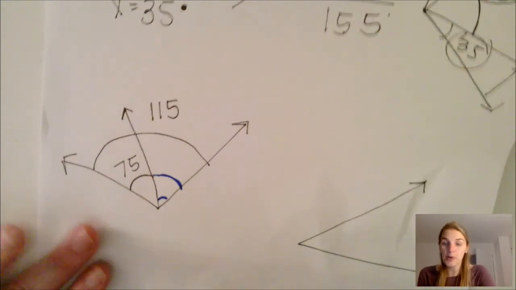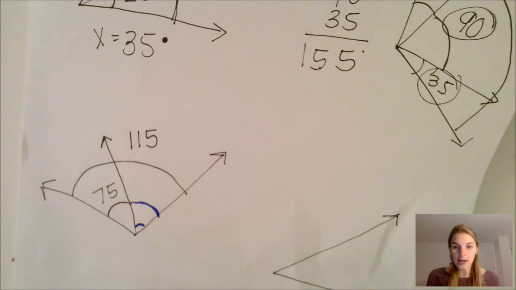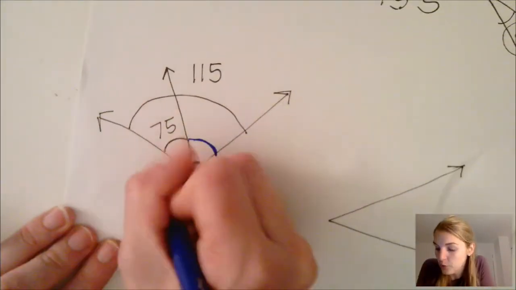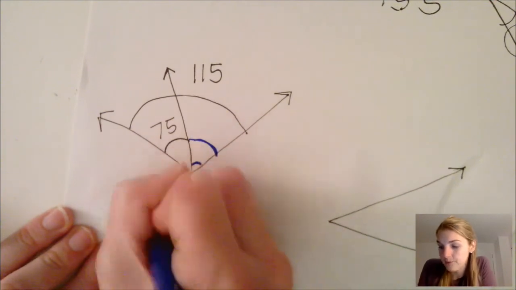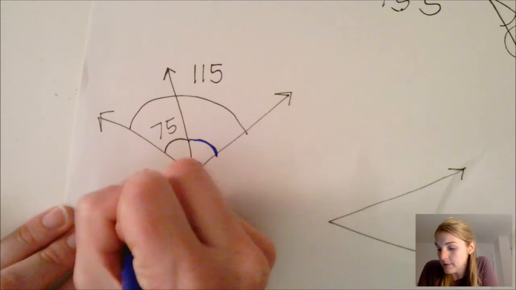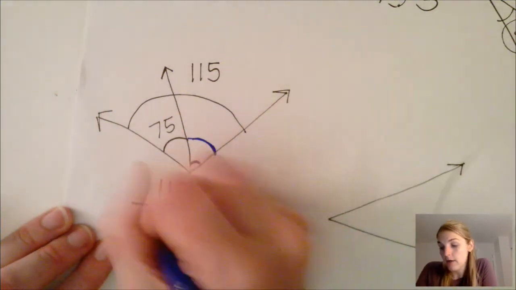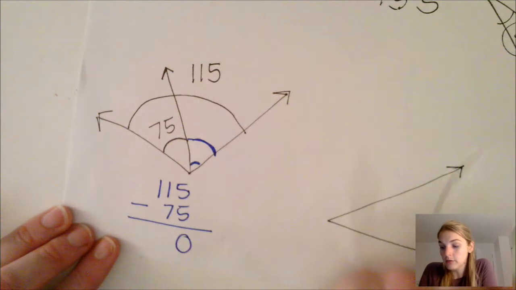Remember, just like perimeter, if you know the perimeter of the whole thing, subtract what you do know. So if the whole thing is worth 115, and I already know 75 degrees, I just subtract to figure out this one right here.